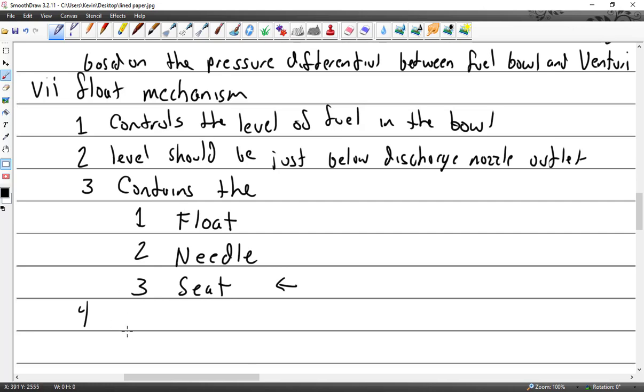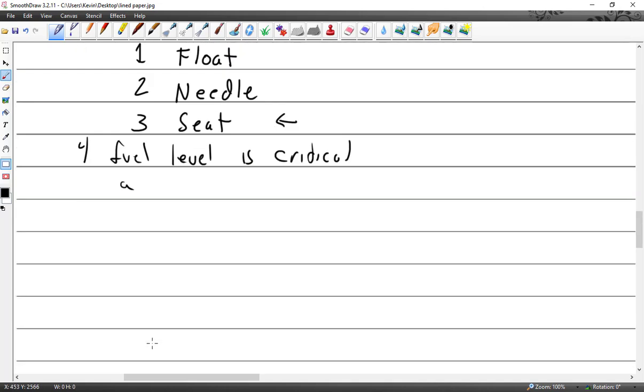You get a little bit of leakage, but that's the worst you get. So that's good. Fuel level is critical. Fuel level or float level, same thing, it's synonymous. If it's too low, what happens?